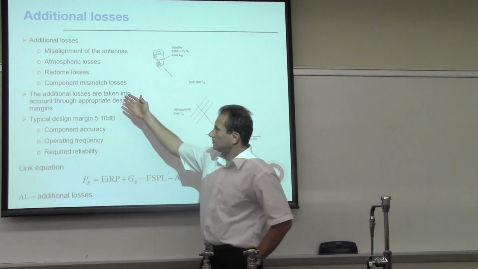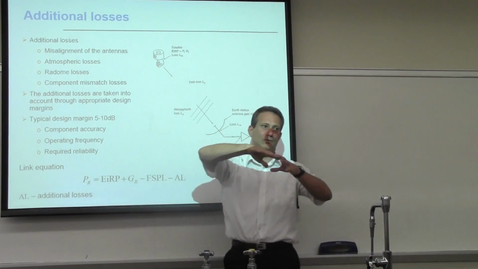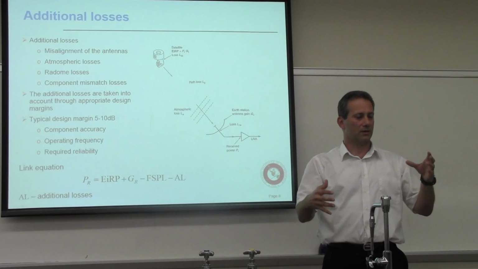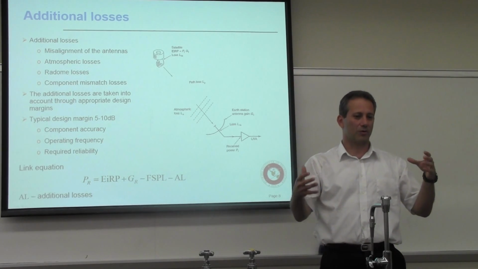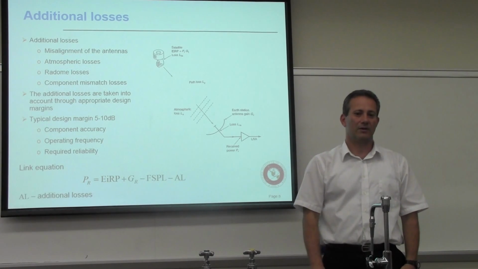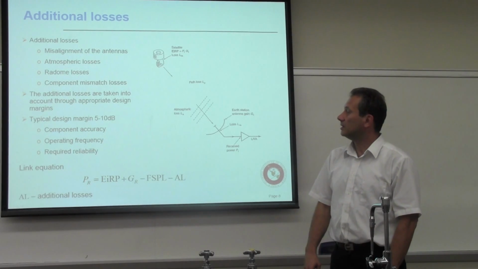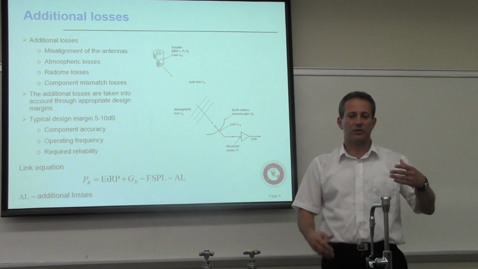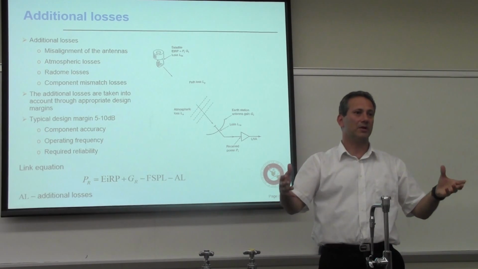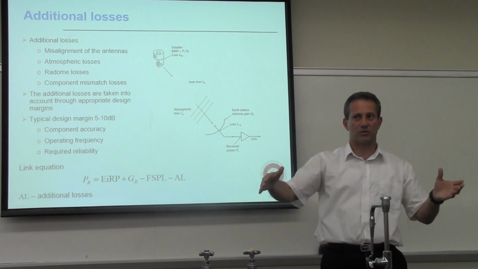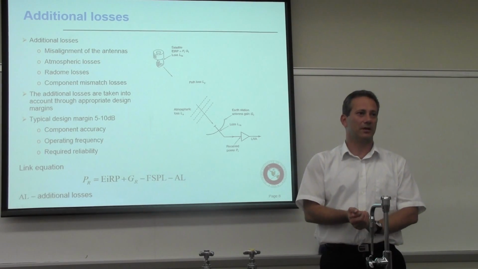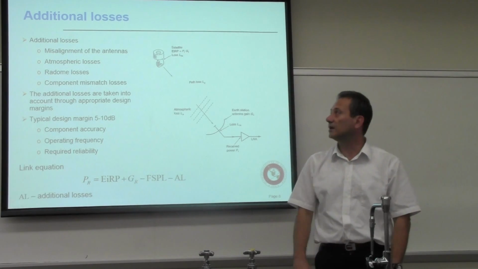Radome is a cover of the antenna, right? If you look at a lot of satellite antennas, for corrosion purposes and just making sure that they have a sufficient lifespan, or if they're mounted, let's say, on airplanes, then because of aerodynamic considerations, you have to put some sort of cover on them. Well, the cover usually has to be of a special material, and that cover is called the radome of the antenna.